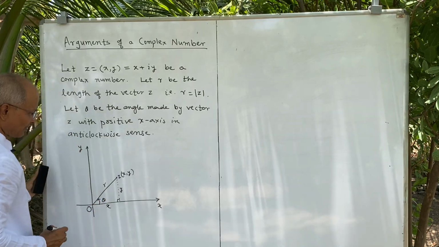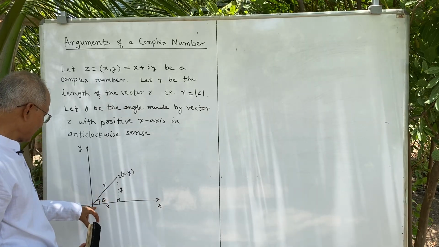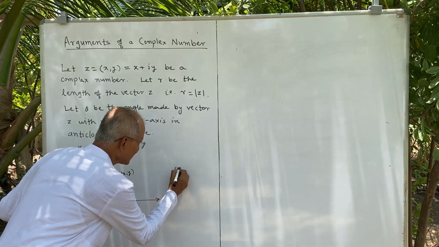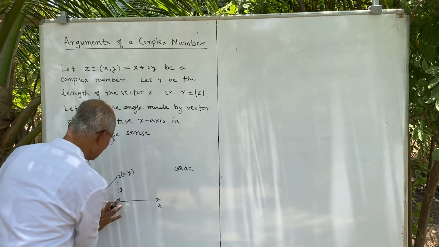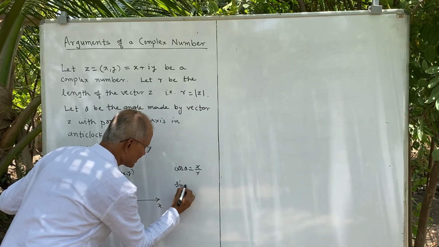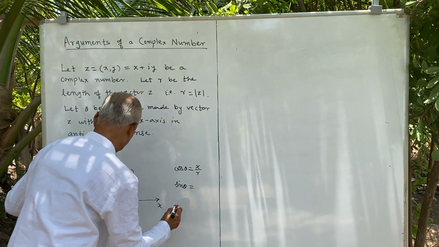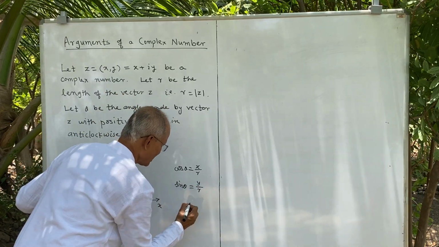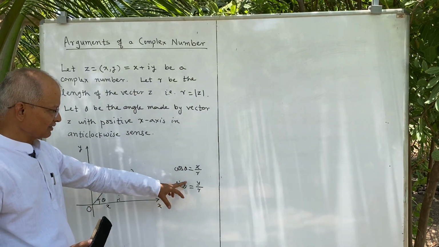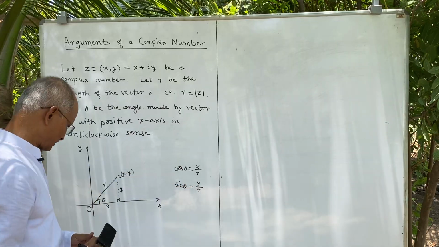Now this is a right angle triangle and we have cos theta equal to adjacent side divided by hypotenuse, that is x upon r, and sin theta is the opposite side divided by the hypotenuse, that is y upon r. Thus the polar and Cartesian coordinates are related by these two equations, which give x equals r cos theta and y equals r sin theta.